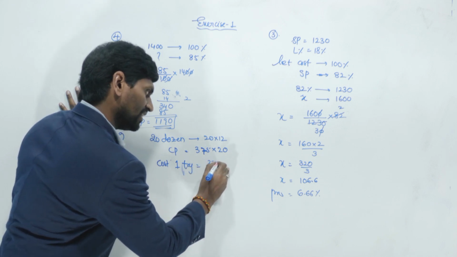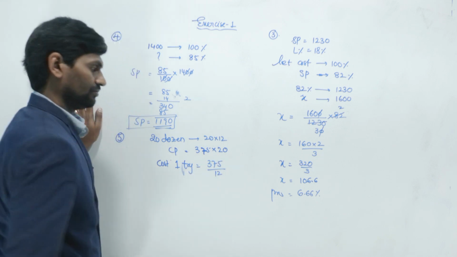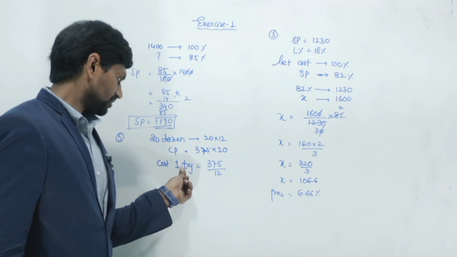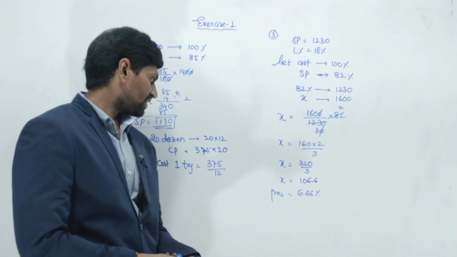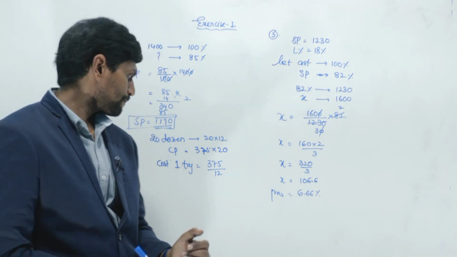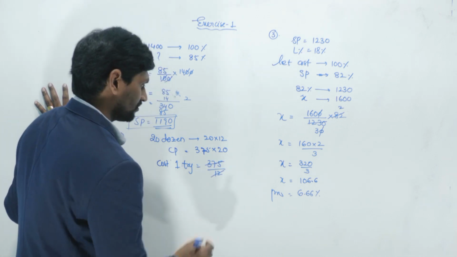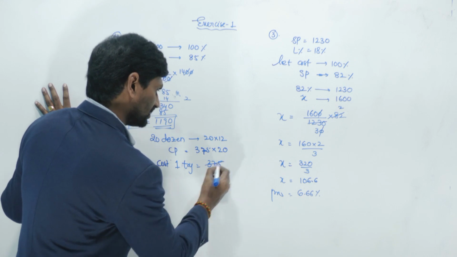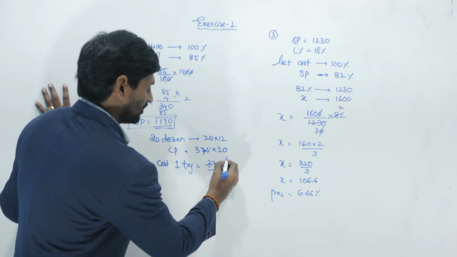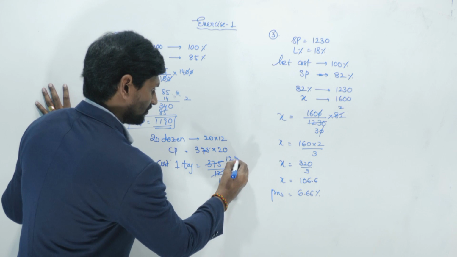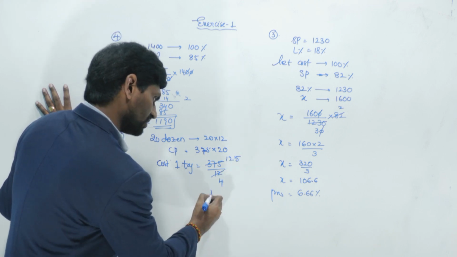So 375 by 12. Now after cancelling in 3 table, 3 fours, 3 12s are 36, 125 by 4 rupees.